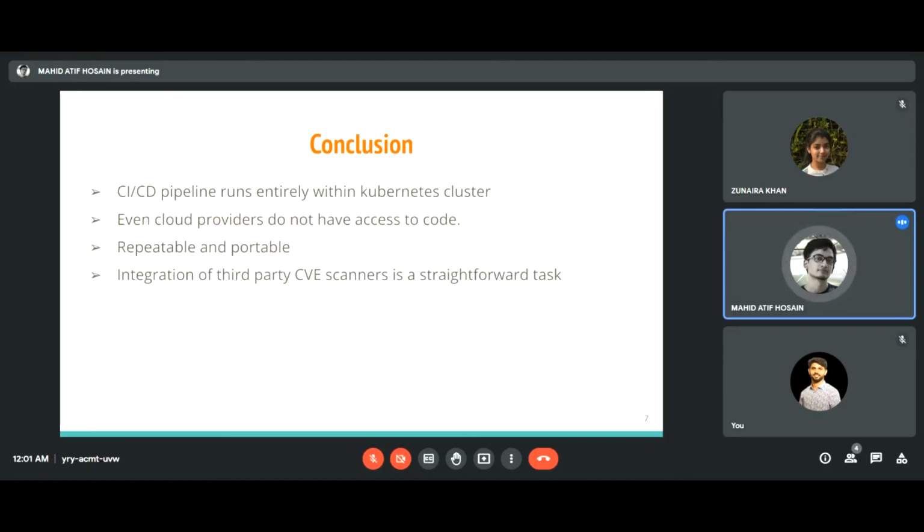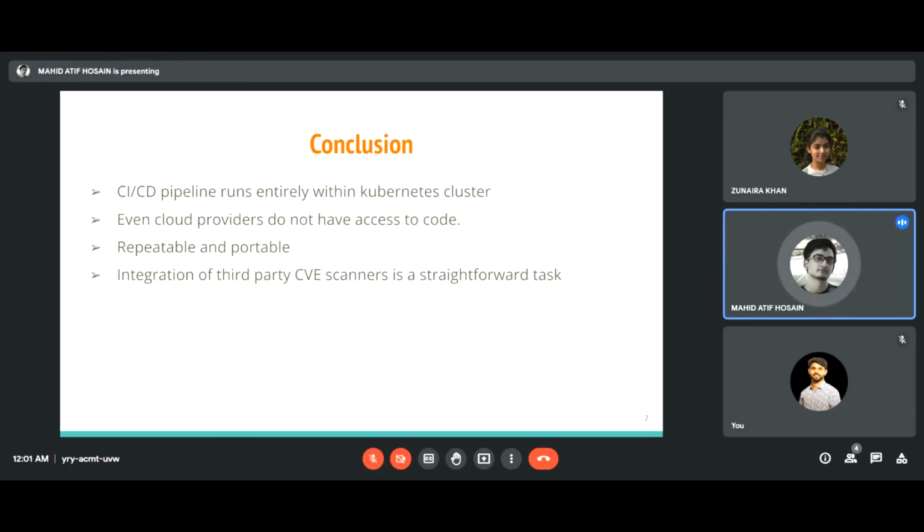So from this presentation, we can see that our whole CI/CD pipeline is actually very portable and reproducible, as the whole CI/CD pipeline runs in a Kubernetes cluster. Even the cloud providers do not have access to our build artifacts due to the usage of Asylo.